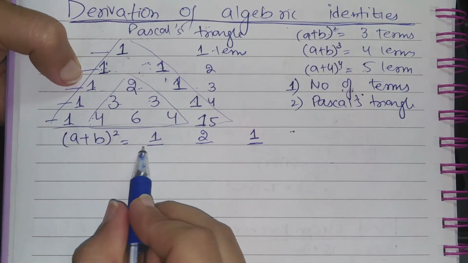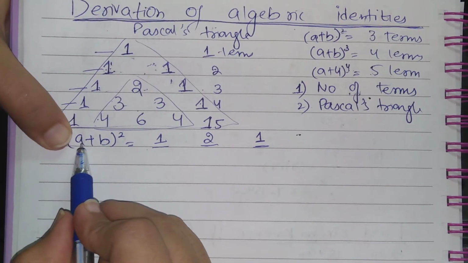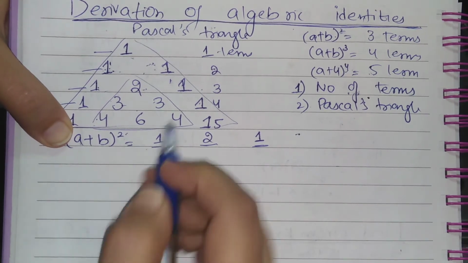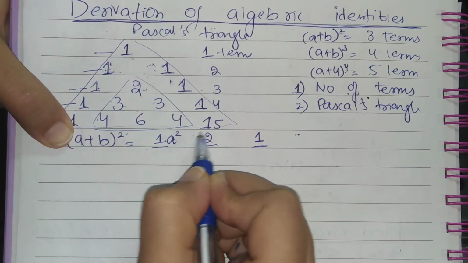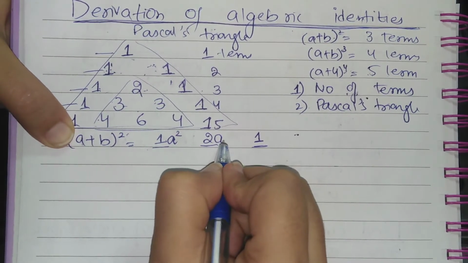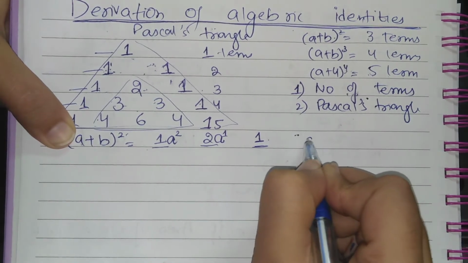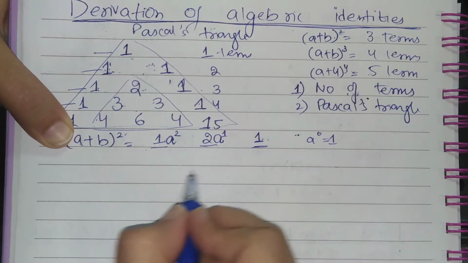And how to write the variables? Now look at a. First term is a, and the highest power of a is square. So we will write down here a square and keep decreasing the power of a to power 1, and here will be a power 0. As we know, a power 0 equals 1, so there is no need to write a power 0.